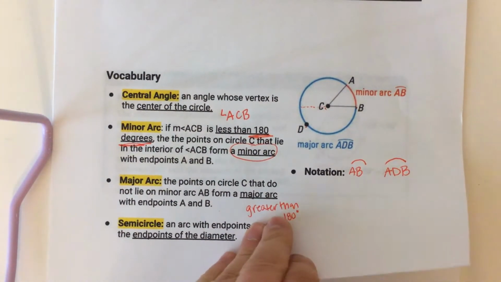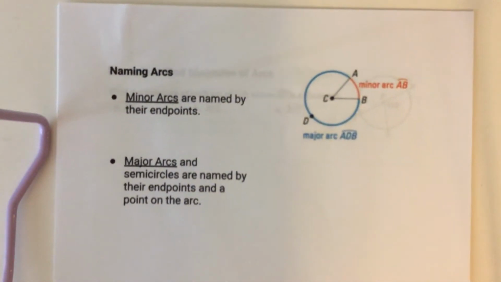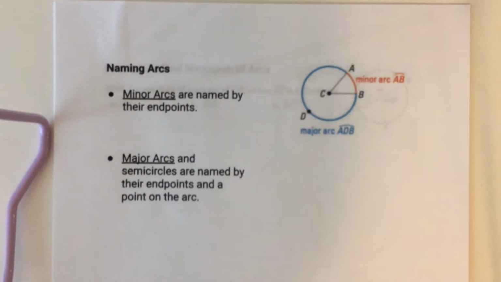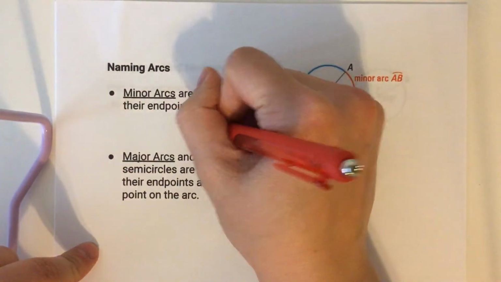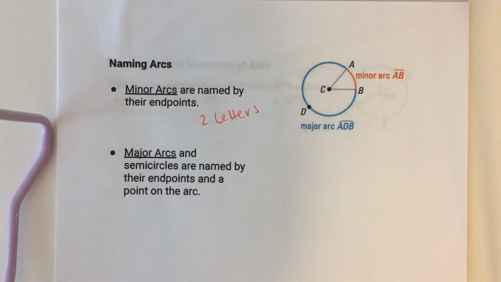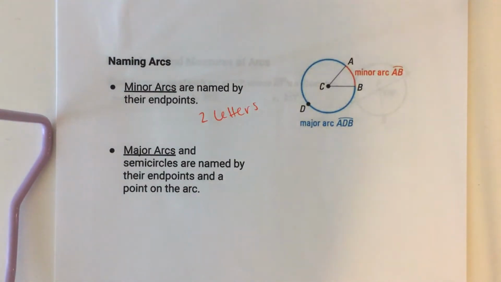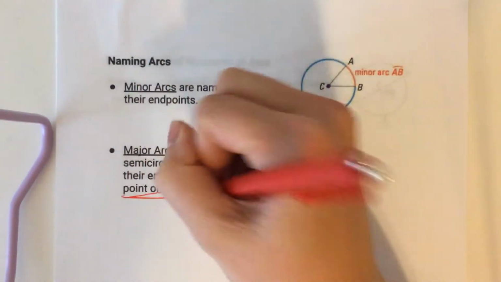And just to re-emphasize that notation, whenever we are naming arcs, a minor arc, so less than 180, is going to be named by the endpoints. And again, we're going to use 2 letters to name that minor arc. The major arc and semicircles are named by their endpoints and a point on the arc, so an included point.